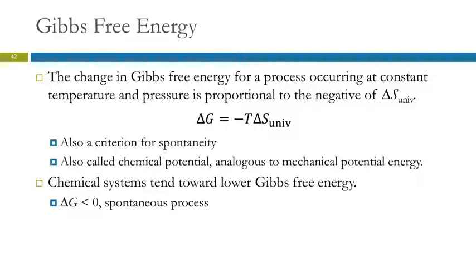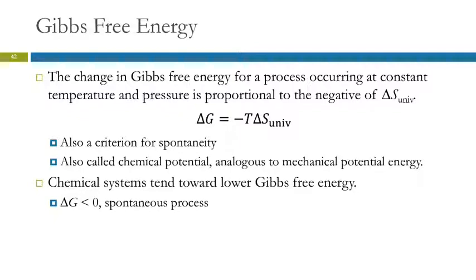So we find that chemical systems tend towards lower Gibbs free energy. When delta G is less than 0, we have a spontaneous process. Because when that occurs, the entropy change for the universe is positive. Yes? So the negative's built in with a T delta entropy for the universe, right?